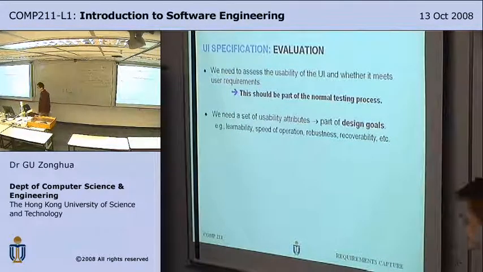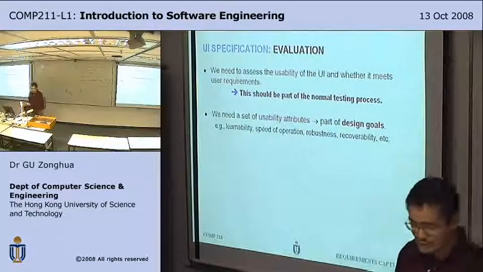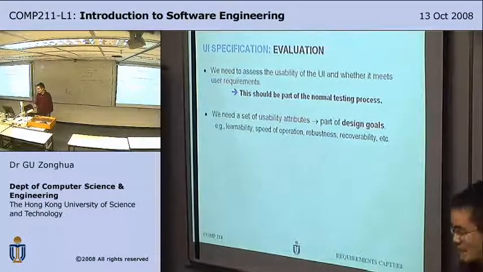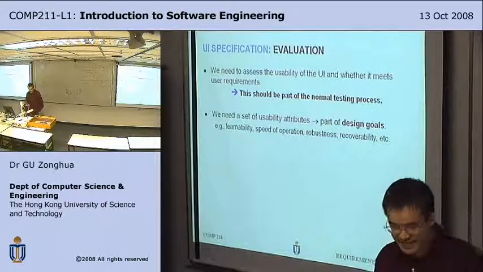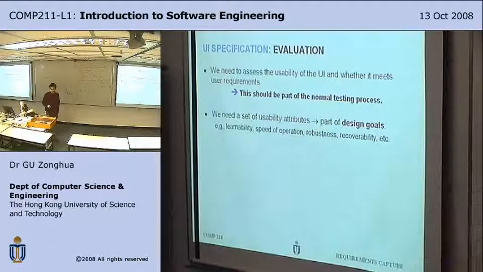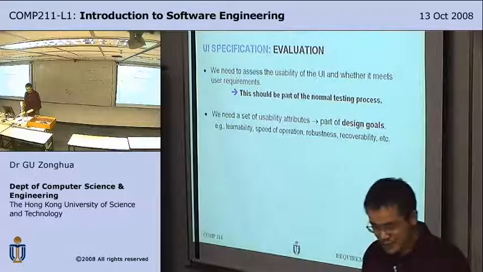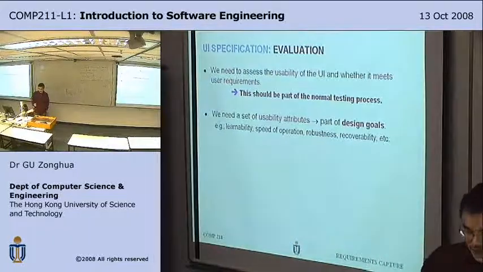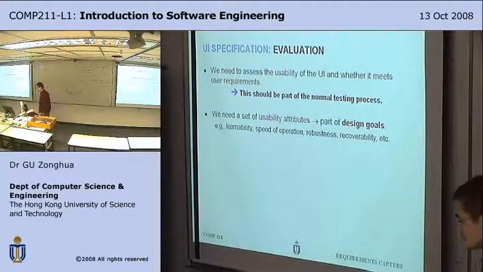So user interface usability has many attributes as part of the design goals, like learnability. How long does it take a new user to learn to become productive with the system? Of course, it depends on your user target. Speed of operation. How well does the system response match the user's work practice?